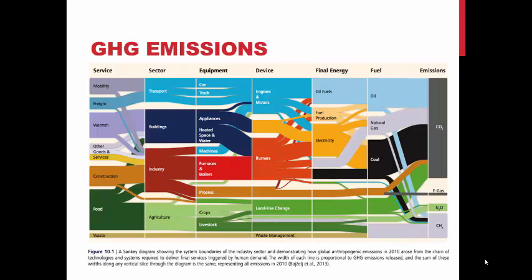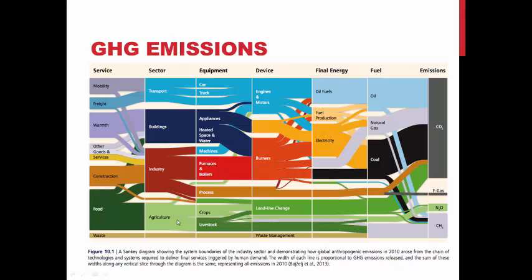So here is a Sankey diagram. This is data from 2010, so it's a bit old, but we have done some spot checking of this more recently and find these trends to be similar. So here we're looking at greenhouse gas emissions, various stages of their creation and consumption throughout the economy.